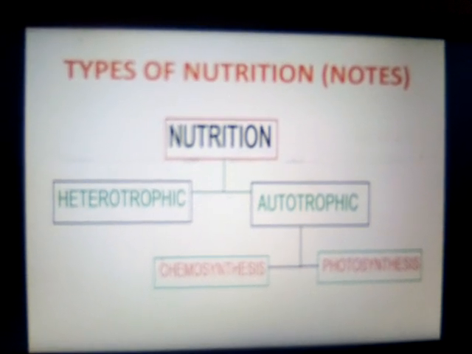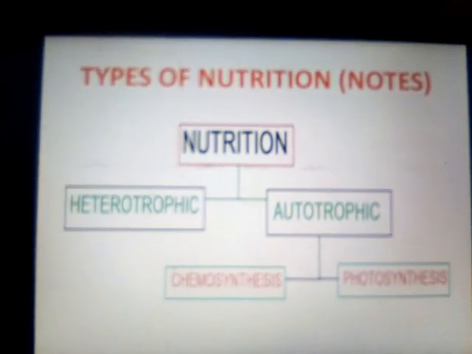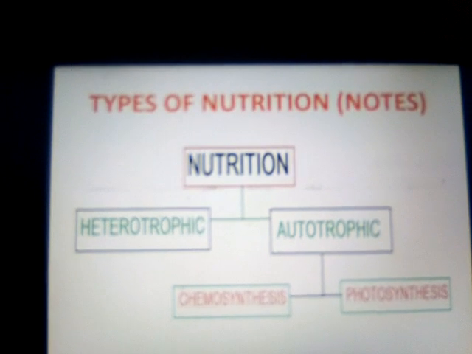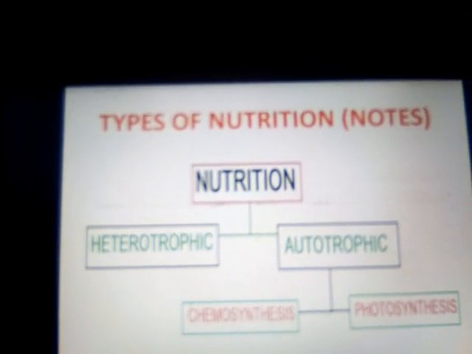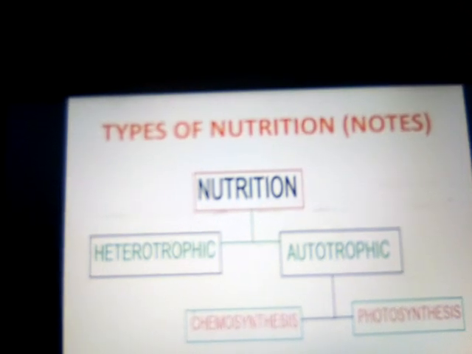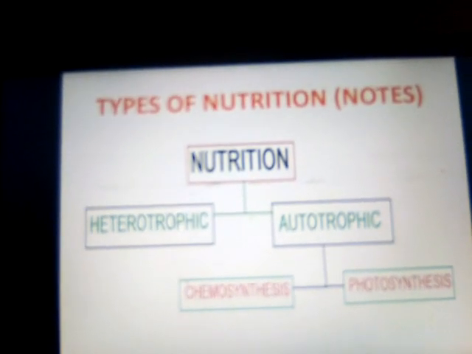There are two main types of nutrition: autotrophic and heterotrophic nutrition.